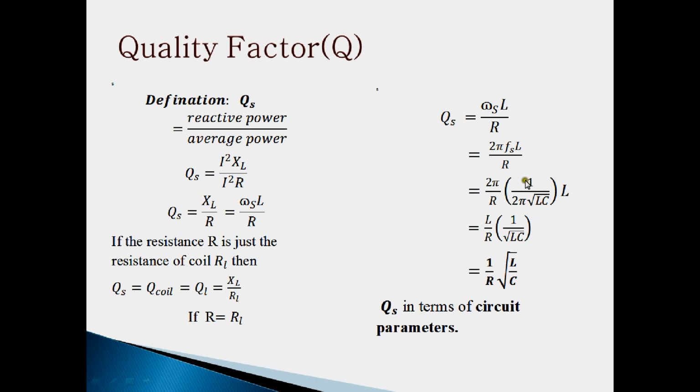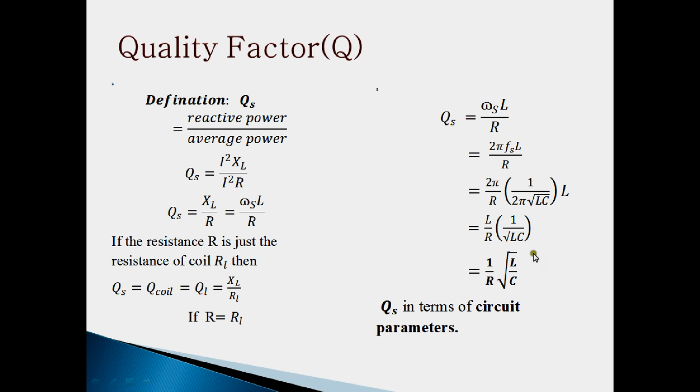So 2 pi gets cancelled. So L divided by R into 1 divided by under root of LC. Under root of LC gets cancelled, and the quality factor at resonance is equal to 1 divided by R under root of inductor value divided by capacitor value.